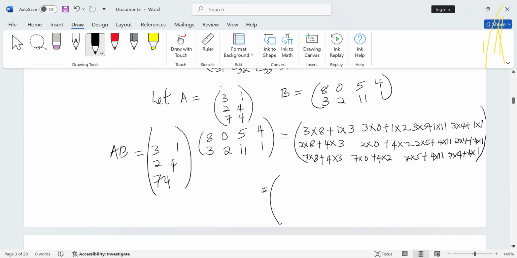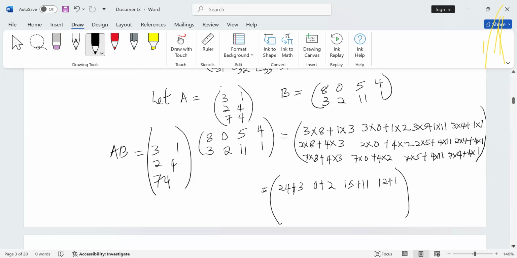What is 3 times 8? 24. 1 times 3, 3. 3 times 0, 0. 1 times 2, 2. 3 times 5, 15. 1 times 11, 11. 3 times 4, 12. 1 times 1, 1.